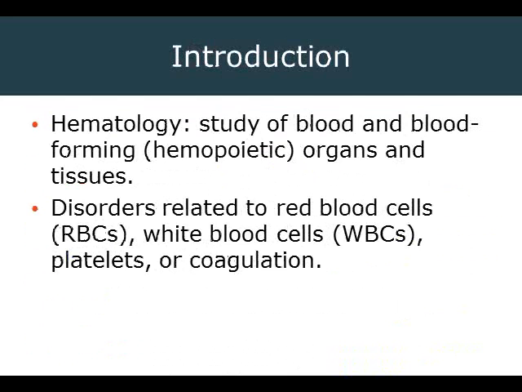So, introduction. Hematology, like I said, is the study of blood and blood-forming organs, or what is often referred to as hemopoietic. The disorders related to the red cells, the white cells, the platelets, and coagulation are those that are particularly of importance to hematologists.